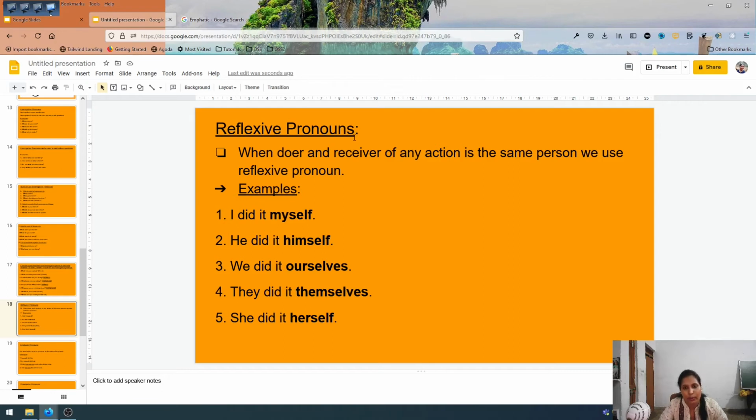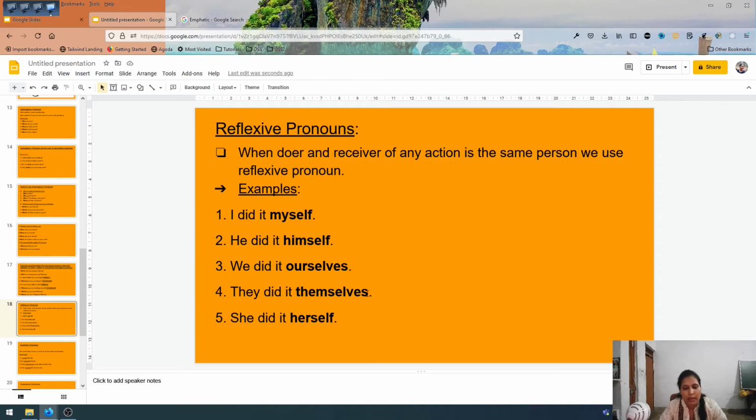Reflexive pronouns. So what are reflexive pronouns? When the doer and receiver of any action is the same person, we use a reflexive pronoun. For example, I did it myself. He did it himself. We did it ourselves.